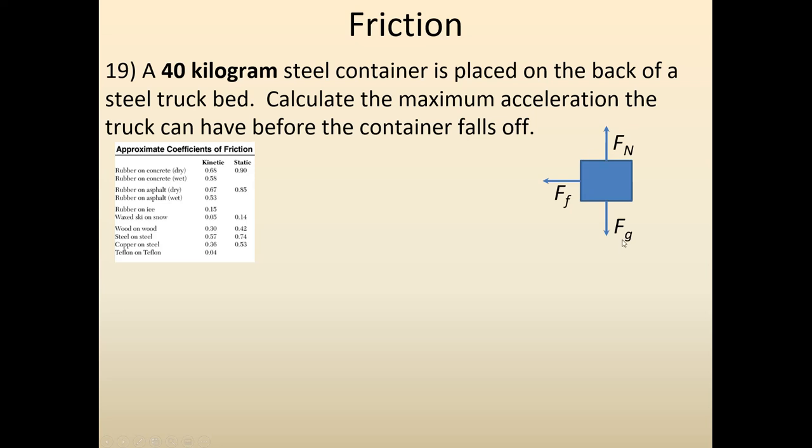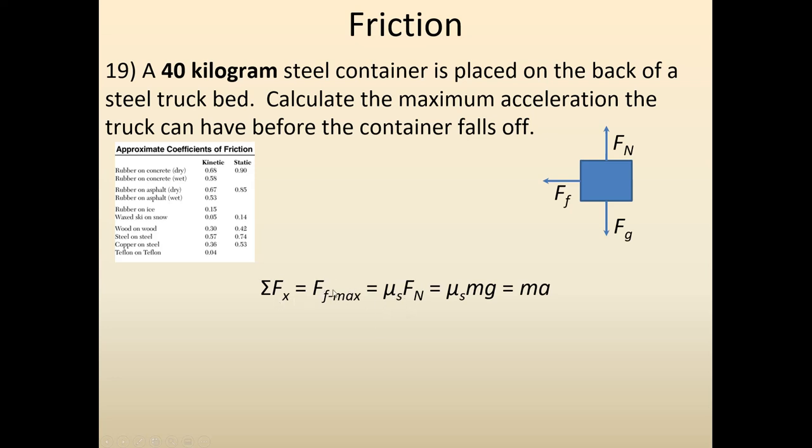Since Fn and Fg are balancing each other out, the only force that could be part of the net force, which is causing the acceleration, is Ff. So if I'm looking for the maximum acceleration, I want to figure out the maximum frictional force I can get. And we know that the max occurs at mu Fn, where mu is the static coefficient.